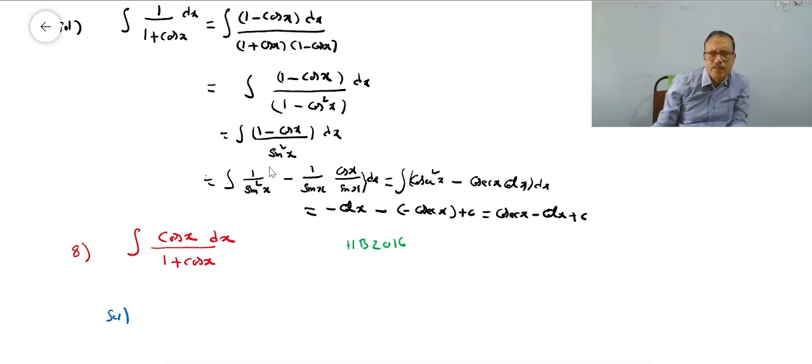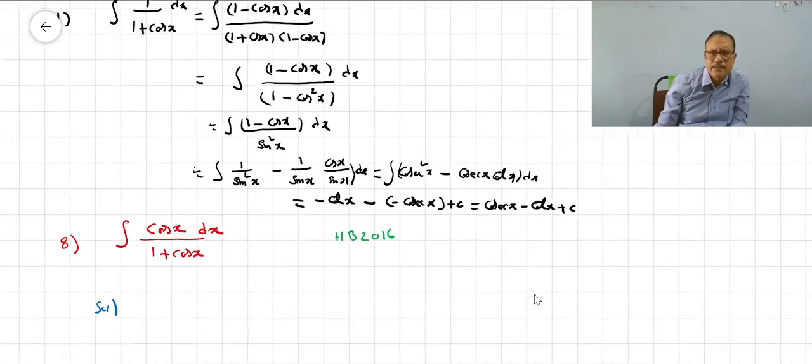That is equal to integral of 1 by sin square x is cosecant square x minus 1 by sin x is cosecant x, cos x by sin x is equal to cot x. Integral of cosecant square x dx is minus cot x minus integral of cosecant x cot x, that is minus cosecant x plus constant. So this is equal to cosecant x minus cot x plus constant.